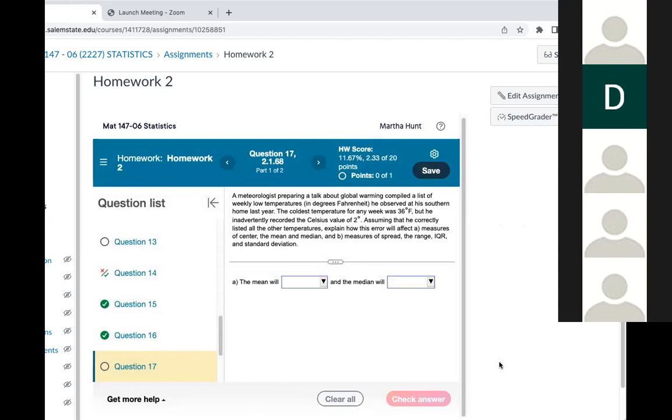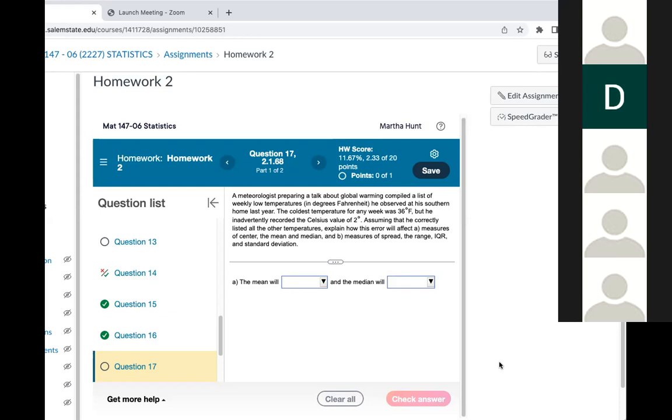The coldest temperature was really 36 degrees Fahrenheit, but the person recording it made a mistake and recorded it as 32 degrees. Assuming that all the other temperatures that he recorded were correct, what will be the impact of this mistake on the mean, the median, the IQR, the range, and the standard deviation?